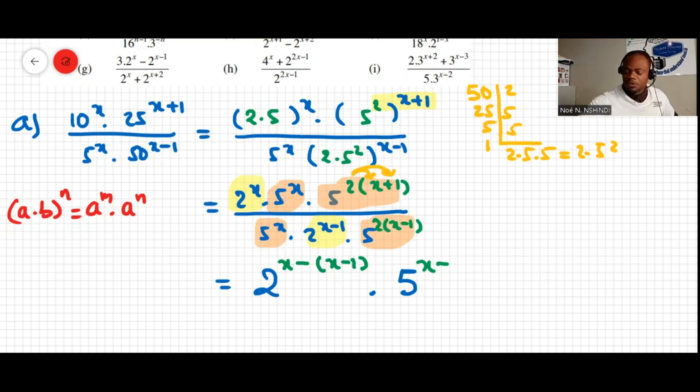Because it is at the numerator, it's going to be a plus: plus 2x plus 2. Now this one is at the denominator, so we do minus x. And then minus the product here, 2x minus 2, since 2 times minus 1 makes minus 2, and then minus that also becomes plus 2.